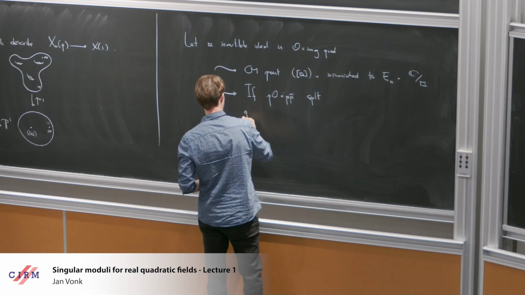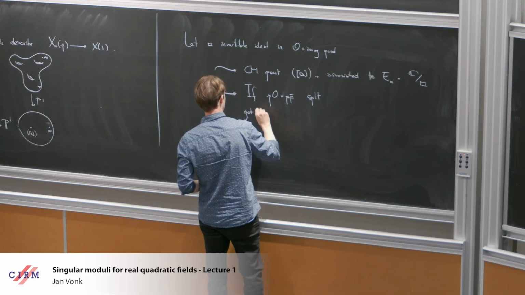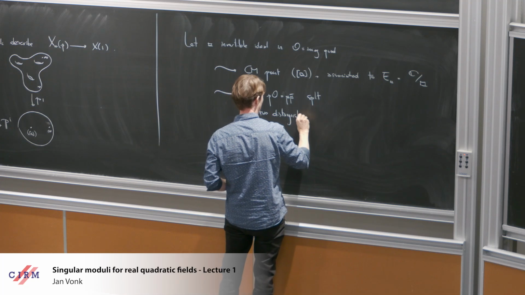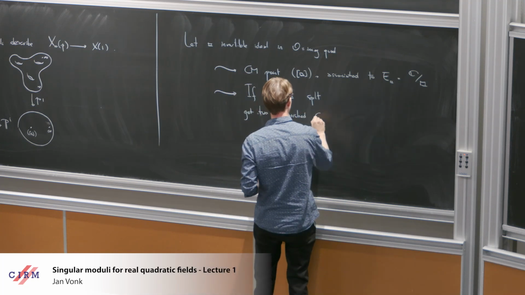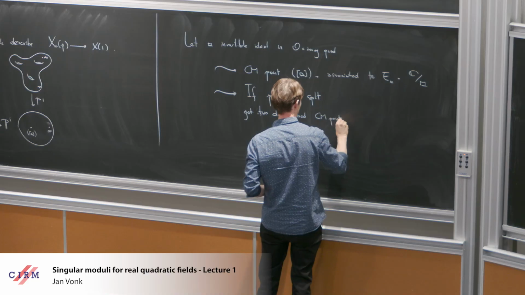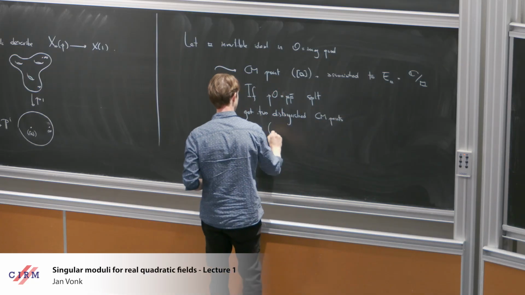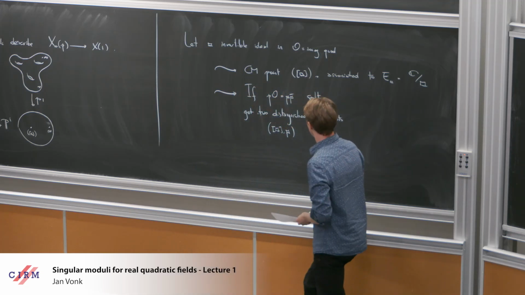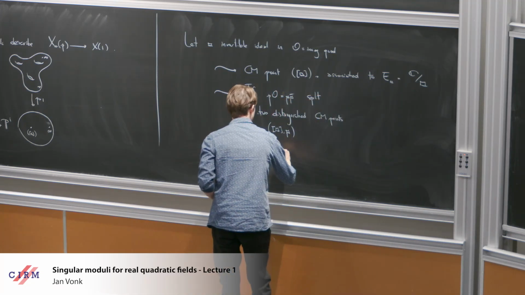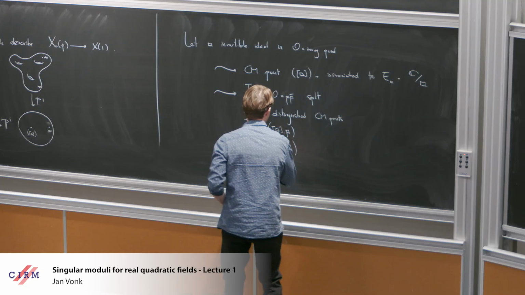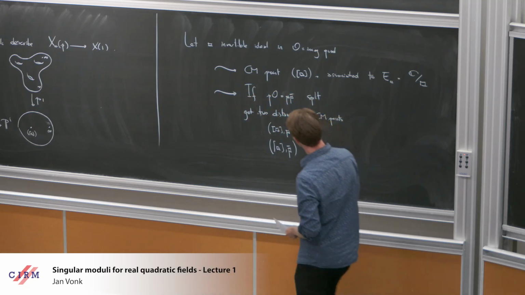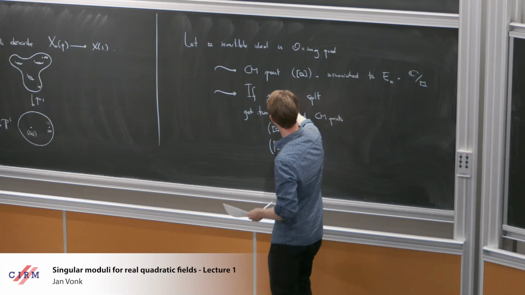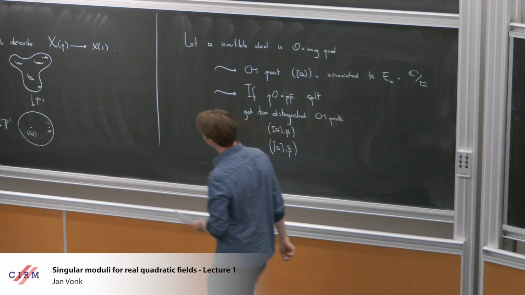We get two distinguished CM points, which come from adding this level structure. The notation that I will use is a comma and then the ideal, which will be either P or P bar, and they live inside of this fiber.